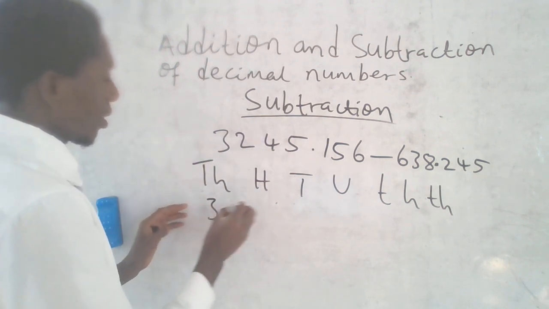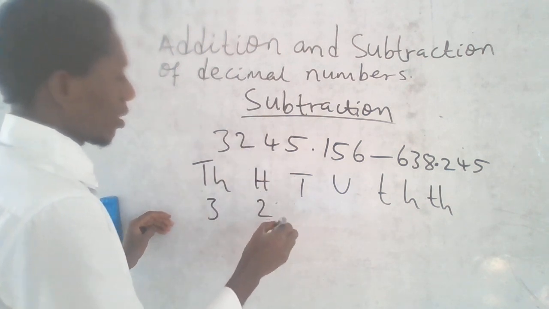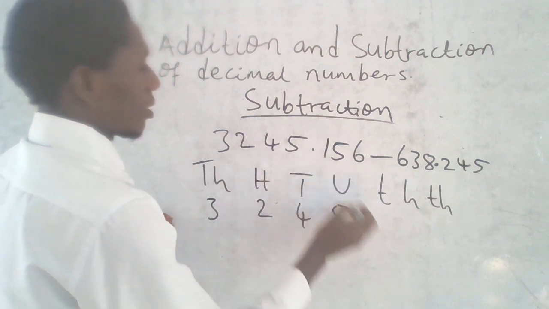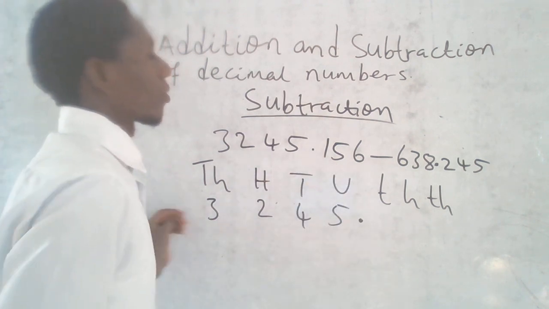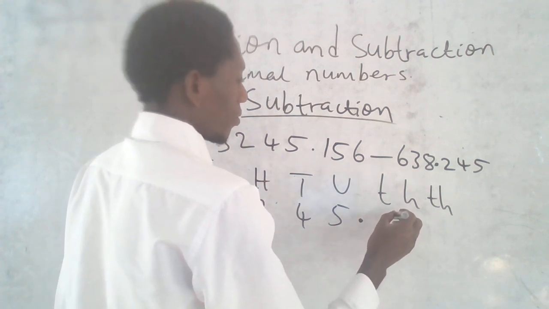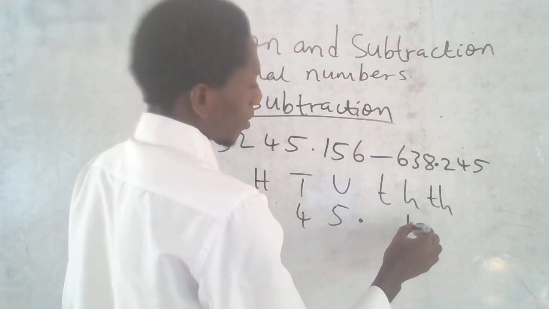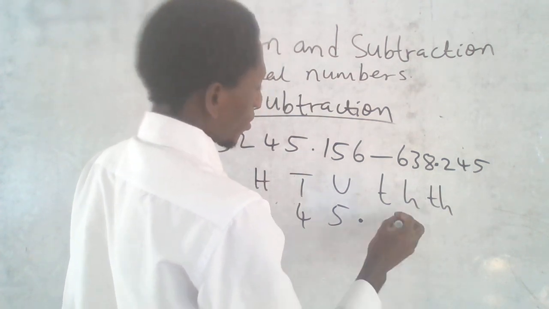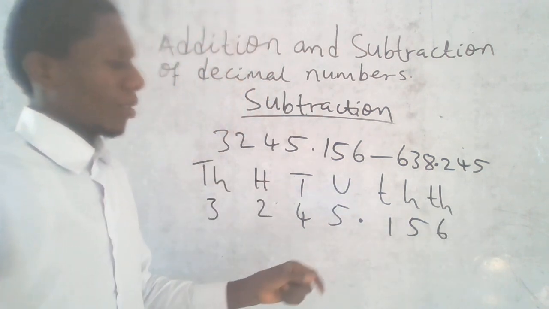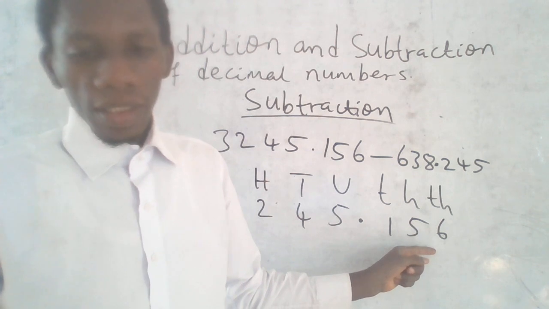This is 3,245, and then this is your point, and then your tenth here is 6156.